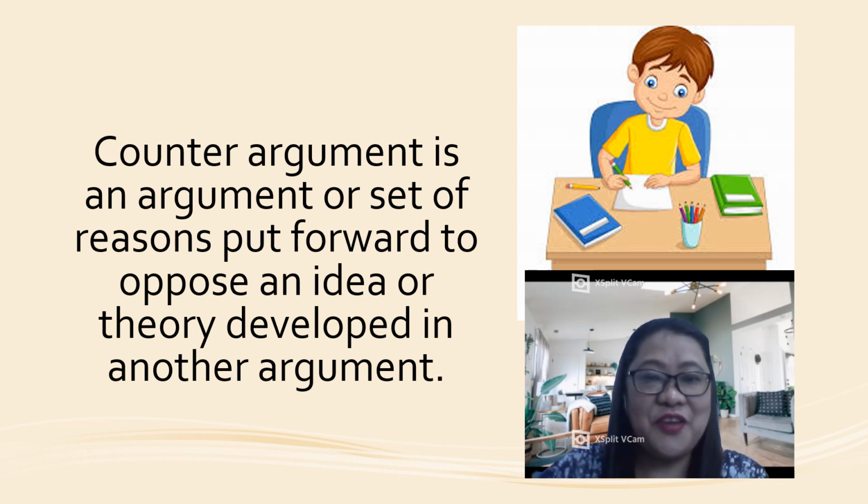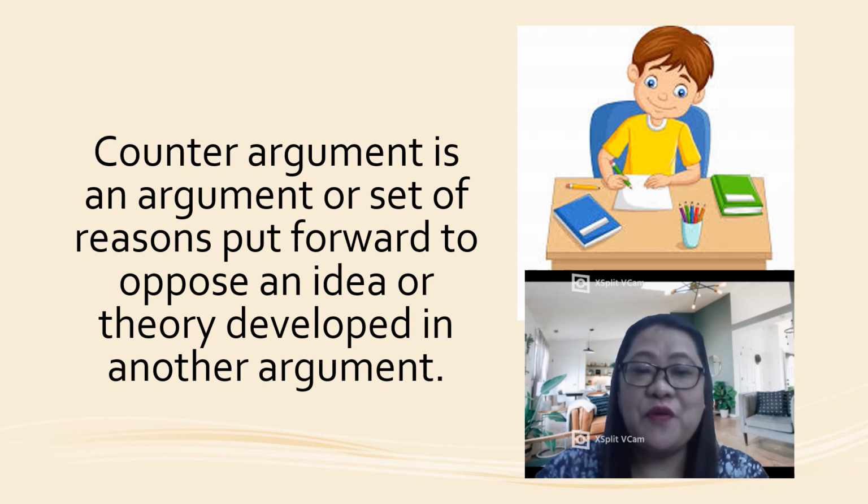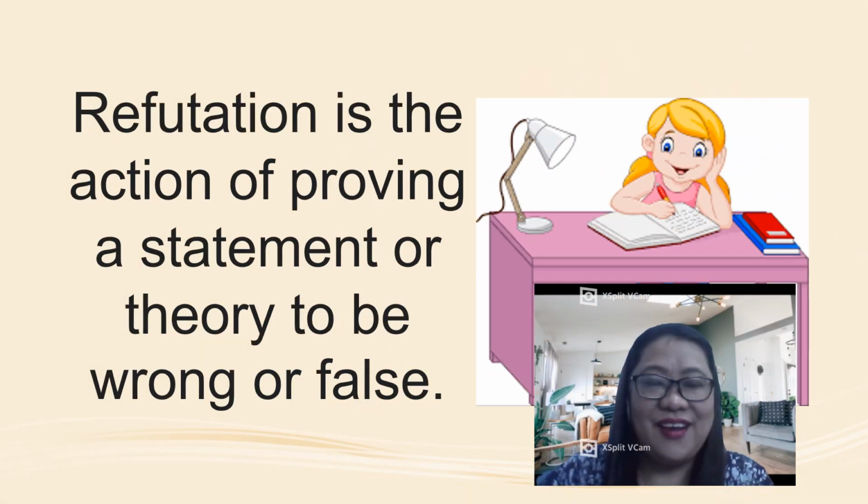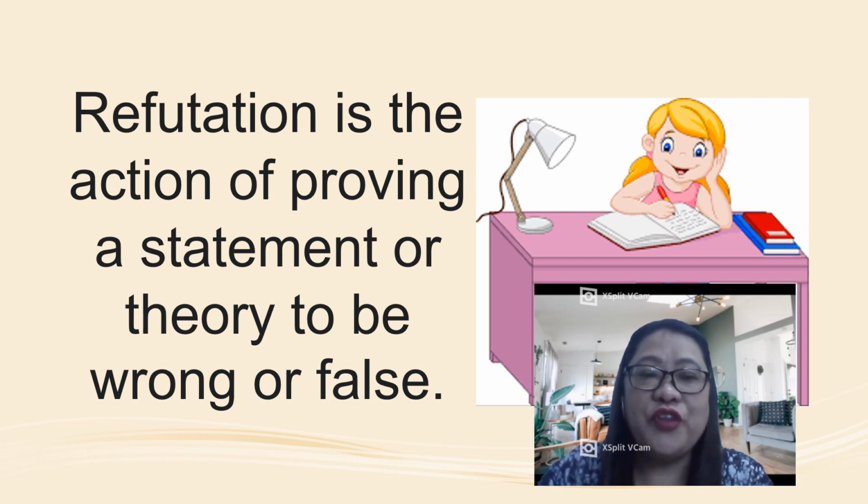Counter-argument is an argument or set of reasons put forward to oppose an idea or theory developed in another argument. On the other hand, refutation is the action of proving a statement or theory to be wrong or false.